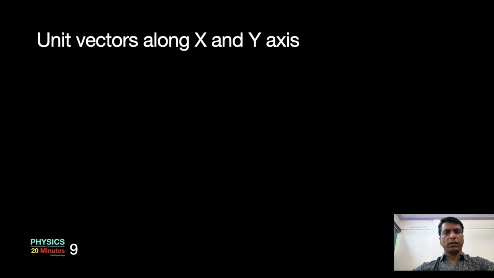So let's define unit vectors along the x and y axes. Our two axes are in place, x and y. Let us have a unit vector pointing towards the positive side of the x-axis. This unit vector would be called i cap. Whenever I write i cap, it gives me the direction of the positive x-axis. What will give me the direction of the negative x-axis?